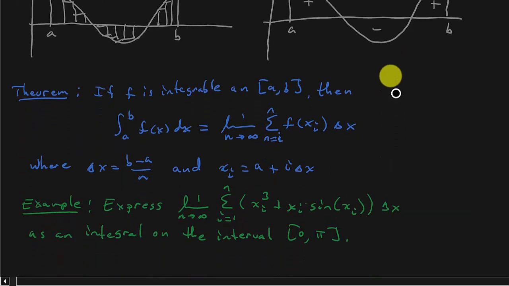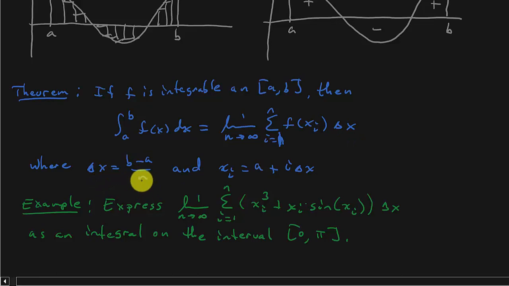And then we have a theorem here. If f is integrable on AB, then the integral of f of x dx from a to b is the limit as n goes to infinity, and once again n is the number of subintervals, of the sum from I equals 1 to n of f of x sub I delta x, where delta x is b minus a over n.